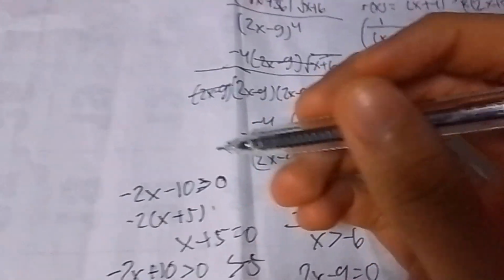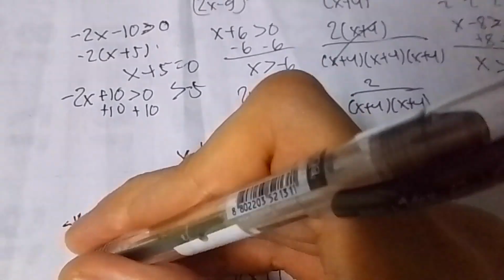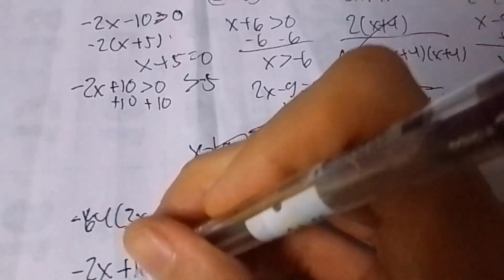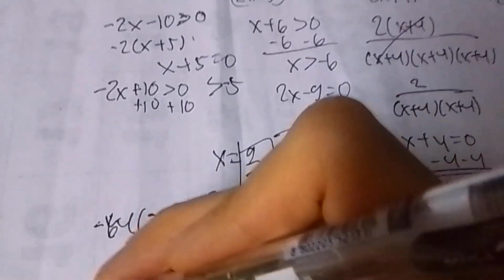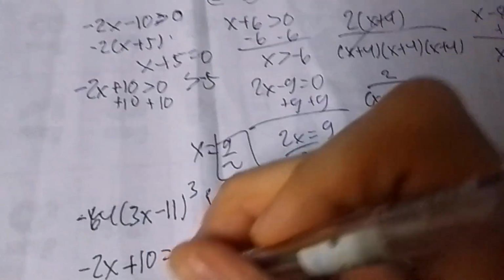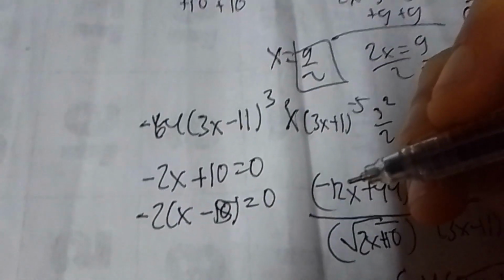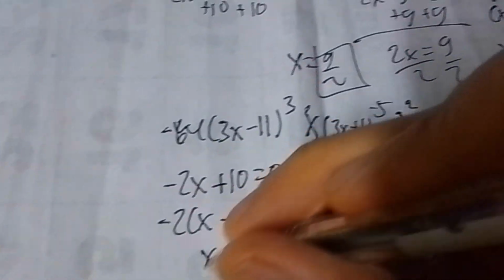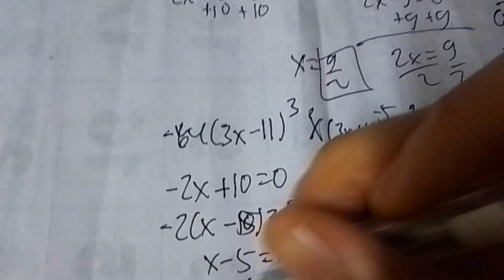Negative 2x minus 10 is greater than 0. So add 10 to both sides. I meant plus 10, sorry, because remember that's supposed to be negative 10. Let's write it down again: 2x plus 10 equals 0. If I were to factor out negative, that would be minus 10, minus 5 equals 0, and then x minus 5 equals 0. Plus 5.